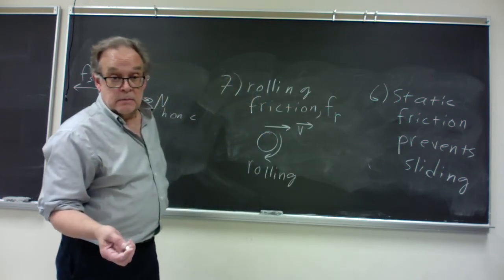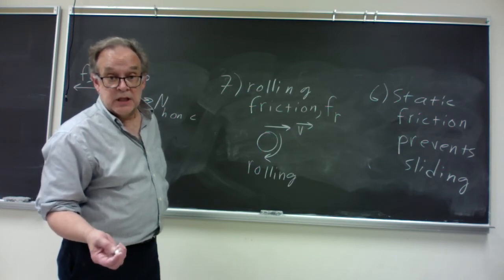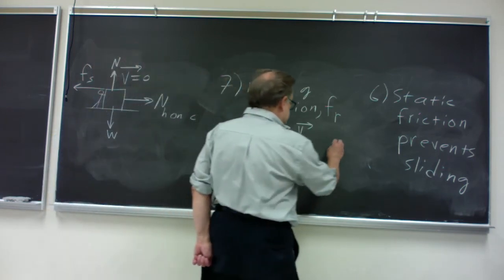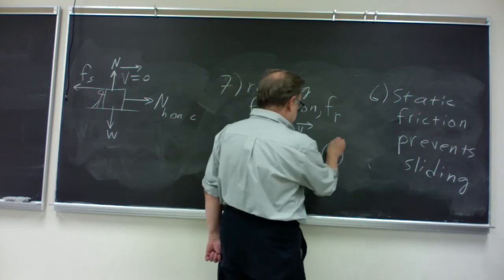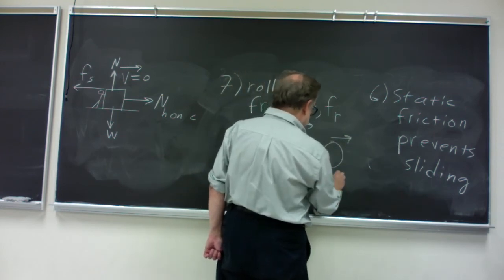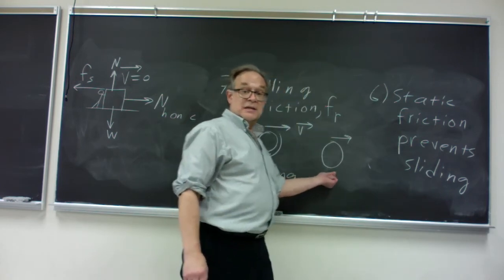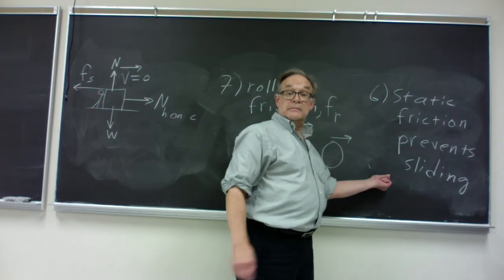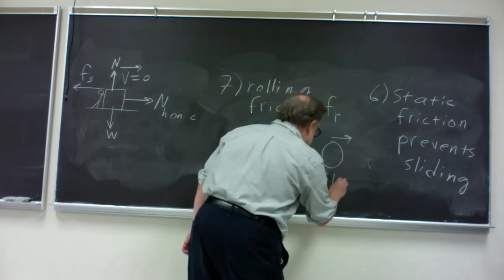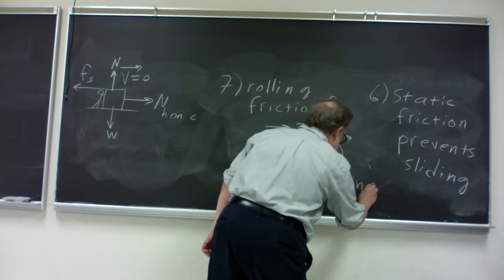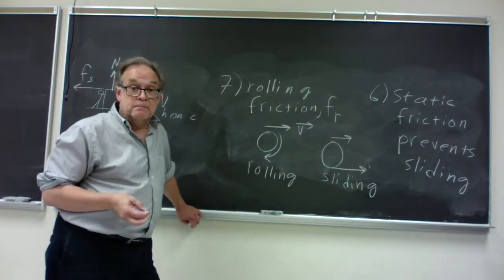If it's a very icy road, there is no rolling, there's sliding instead. So the car is still moving forward, but this surface here is just sliding. There's no rolling. There's sliding in that direction.